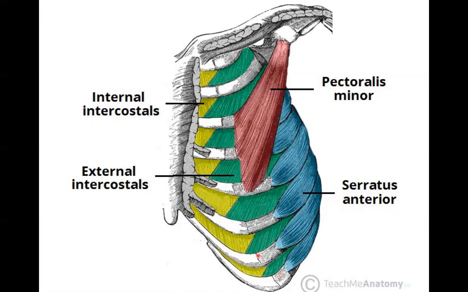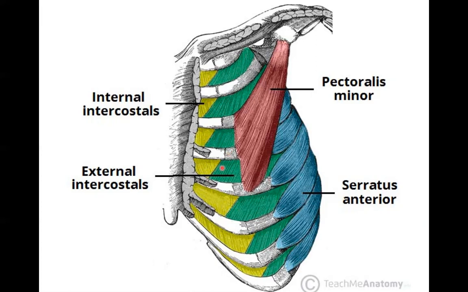So the external intercostals are shown in green here, and the internal intercostals are shown in yellow here. If you've ever eaten ribs, then what you're eating is the intercostal muscles. I've never eaten ribs, so I don't know, but apparently, if you eat ribs, you'll notice that in between the ribs, there are 2 layers of muscle.